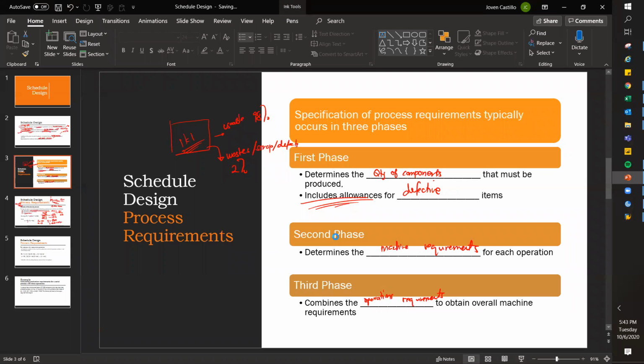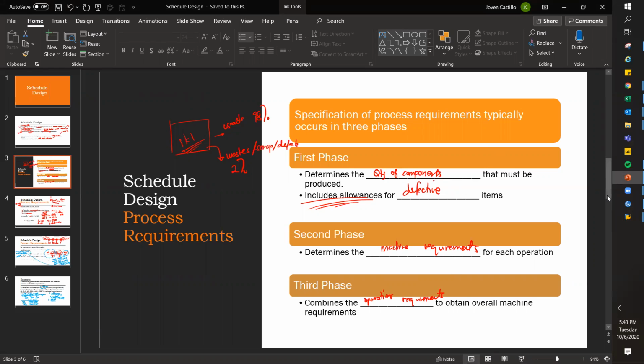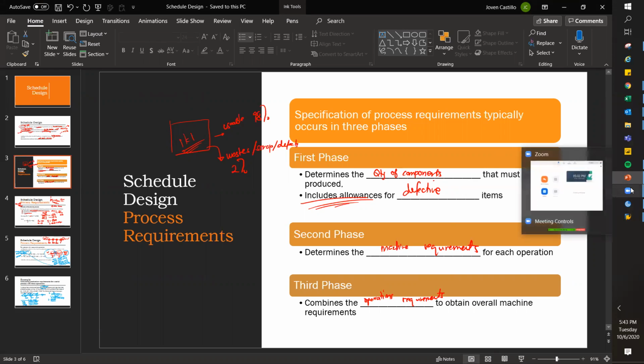Questions po? So, for now, wala po tayong gagawing assignment dito. Tatapusin muna natin yung machine requirements and operations requirements sa next meeting, which is on Thursday. Okay. So, walang questions?